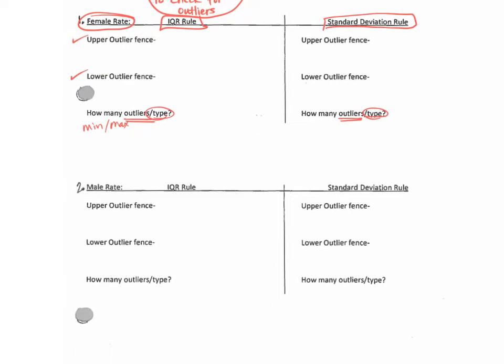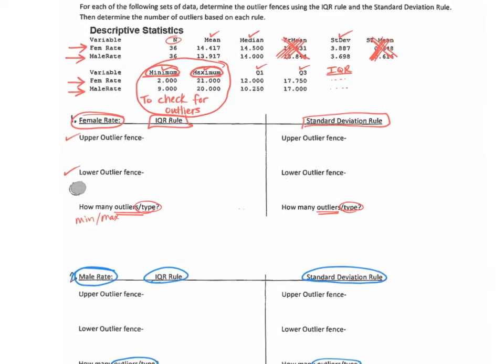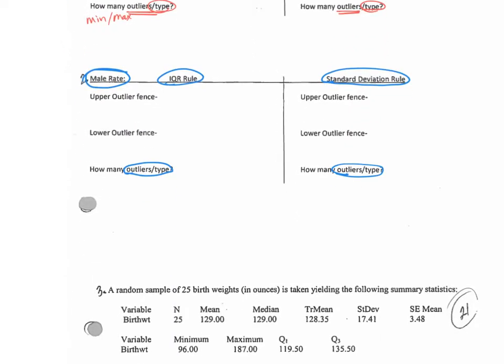Then you'll do the exact same thing for your male data: the IQR rule, the standard deviation rule, and then determining if you have any upper or lower outliers. Okay, so that's how you do that. Again, in summary, your homework is pages 18 through 20.